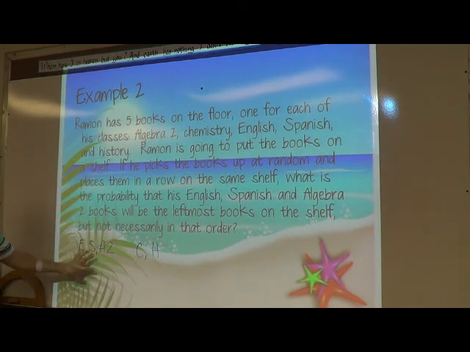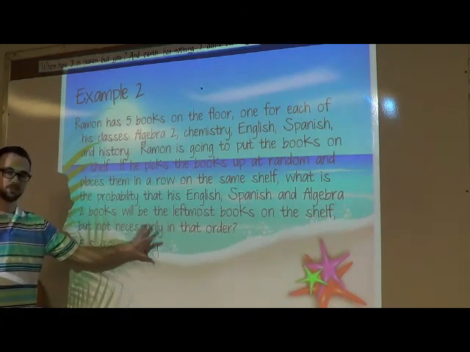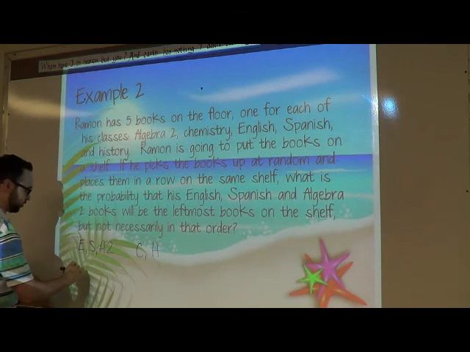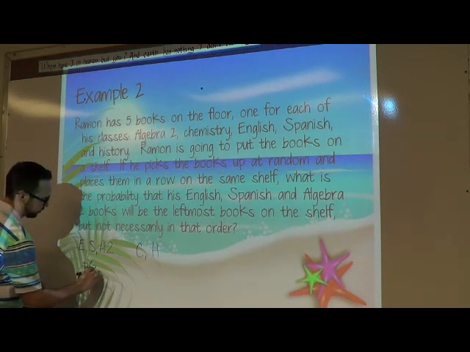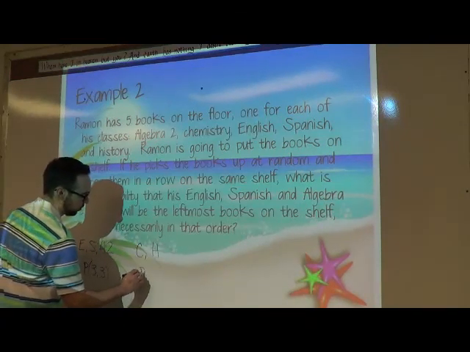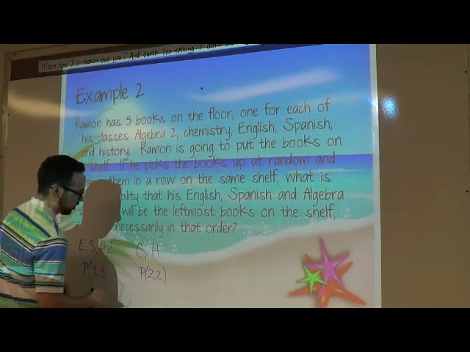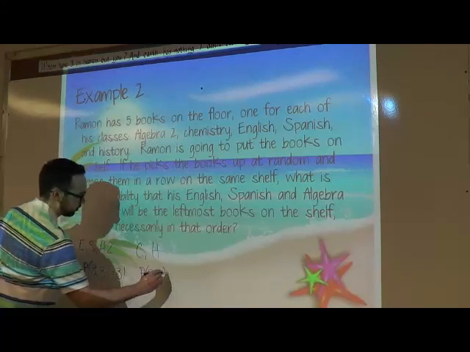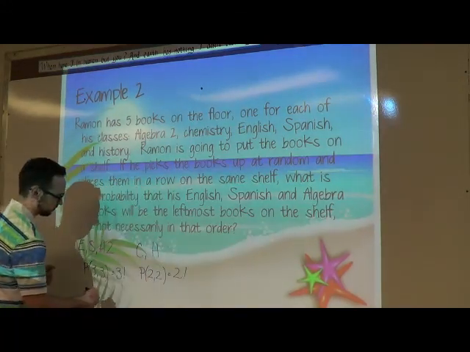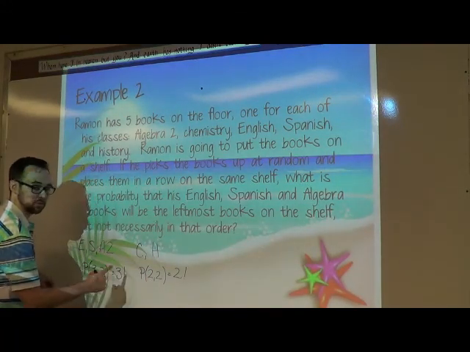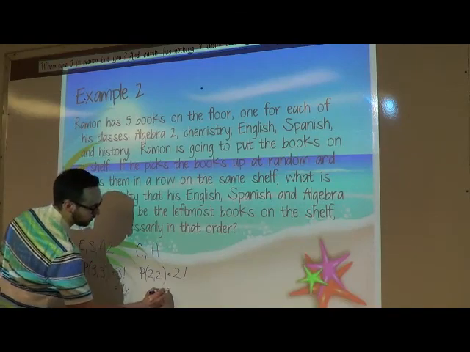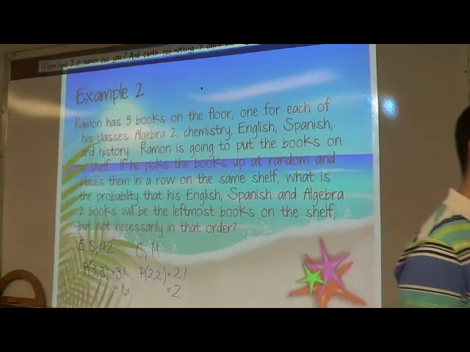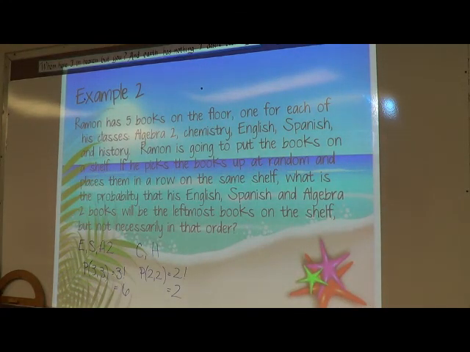We need to figure out the arrangements of these and the arrangements of these for the numerator. That's our success rate. So we'd have the permutation of 3 choosing 3 and the permutation of 2 choosing 2. But that's really just going to end up being 3 factorial and 2 factorial. 3 factorial is 3 times 2 times 1, which is 6, and 2 factorial is just 2. So that's the number of different ways that we can arrange each set of books.